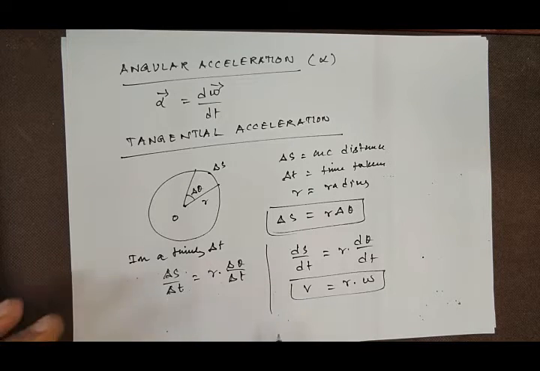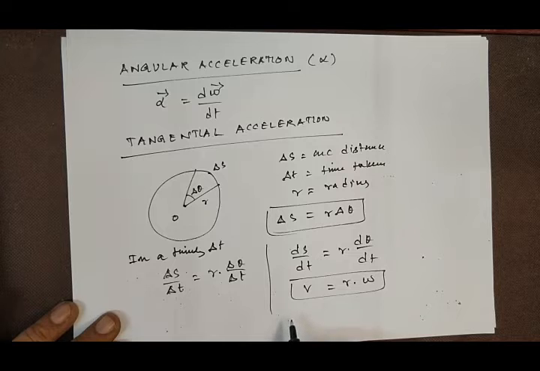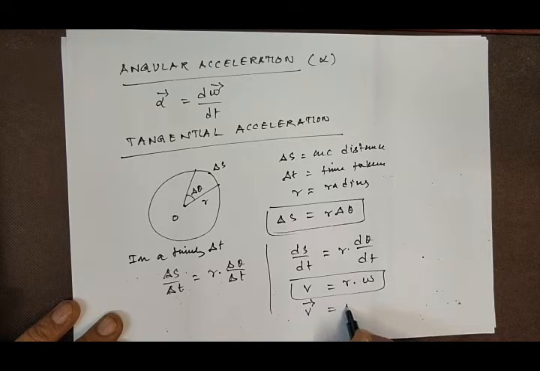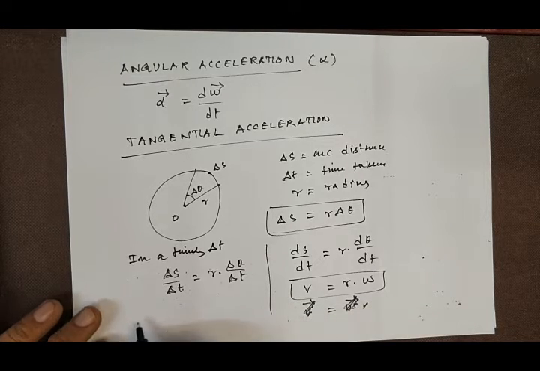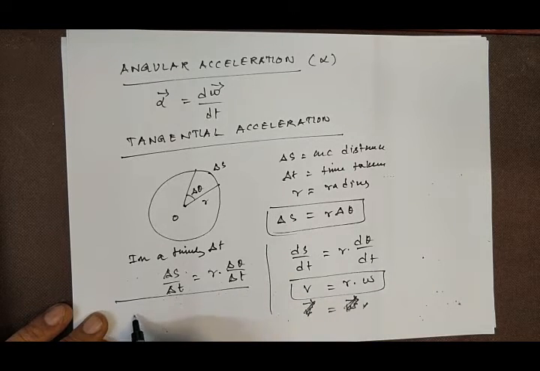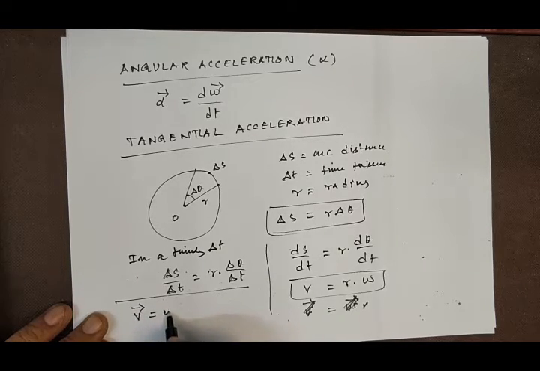So this can be interpreted in terms of vectors. In that case, the linear velocity vector is equal to omega vector cross r vector. V vector is equal to omega vector cross r vector.